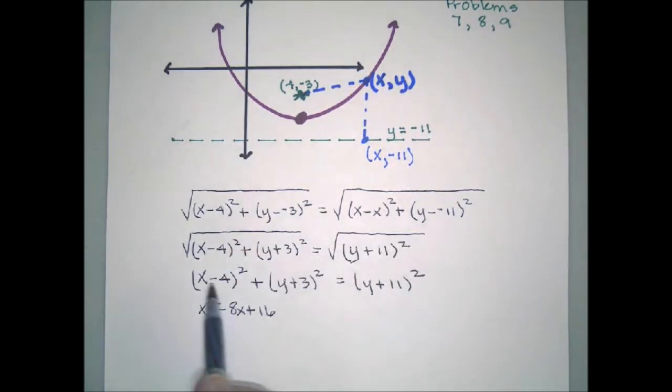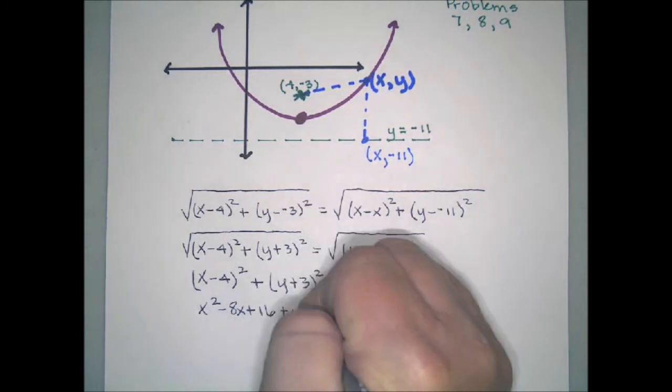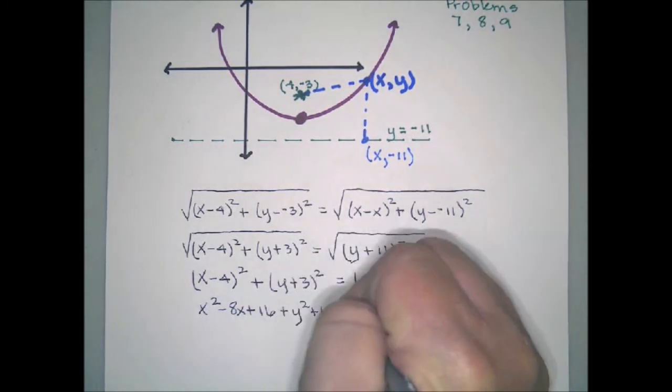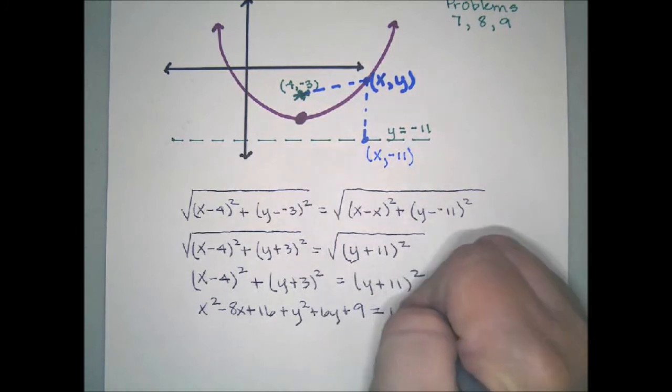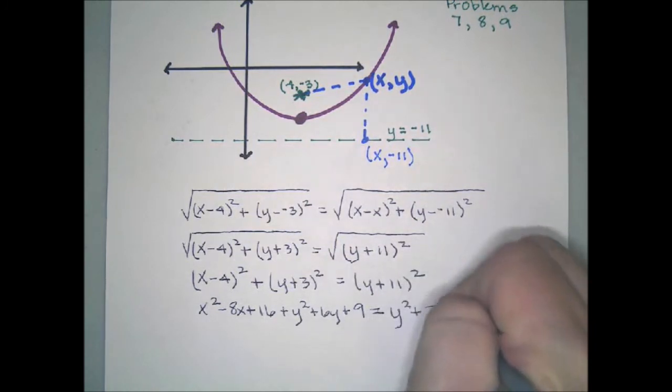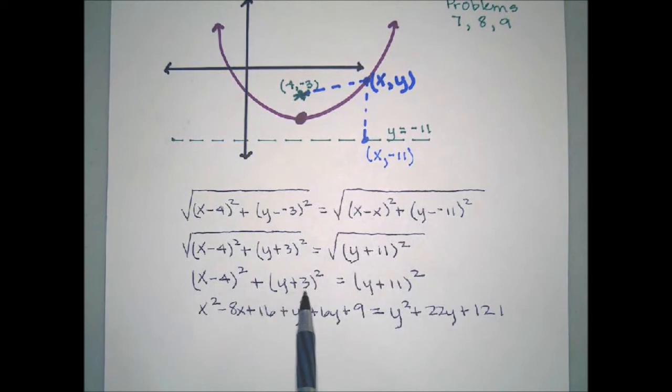When you expand this out, now the same thing when you expand out y plus 3 quantity squared, you get y squared plus 6y plus 9. Now over here on this side, when you expand y plus 11 quantity squared, you get y squared plus 22y plus 121. So really all I did was a bunch of foiling at this point.